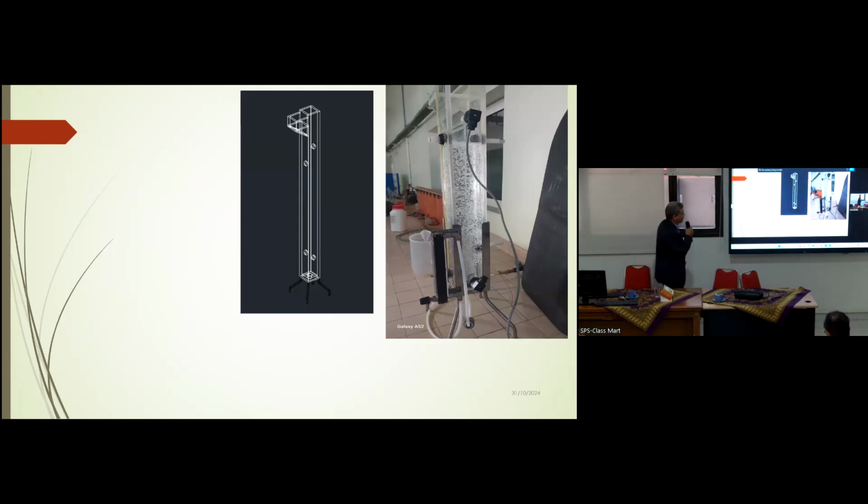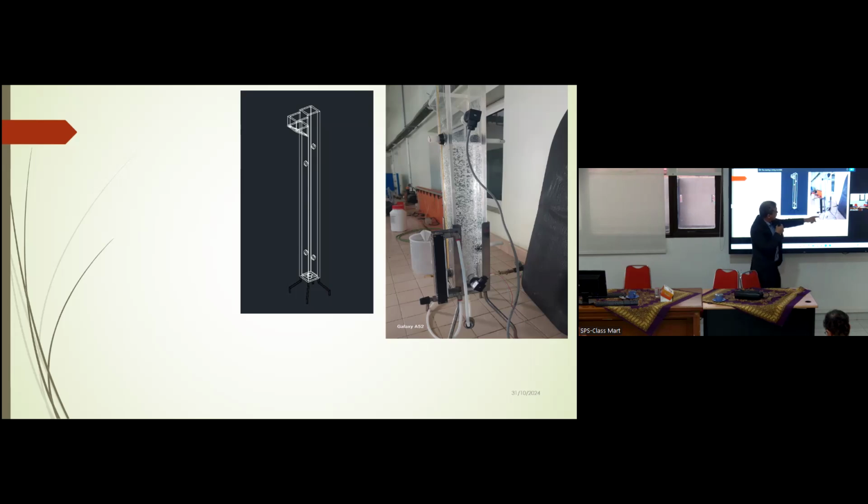We have the design, and we have realized this flotation cell with the pressure probe here to measure the pressure here and the pressure here, to have an idea about the quantity of gas. I will explain how.